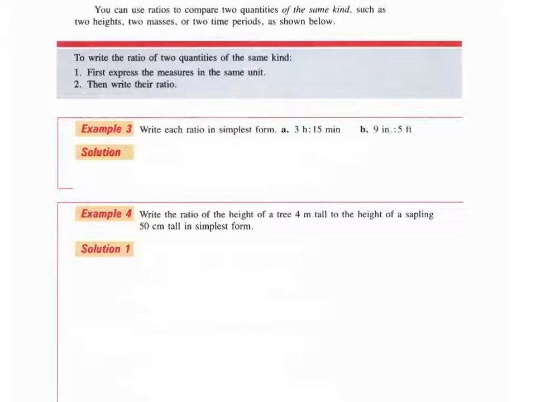I need to know how many minutes are in 1 hour, and that's going to be 60 minutes. So I'm going to convert the 3 hours and make this, let me rewrite the problem. I'm going to convert my 3 hours into 3 times 60, and there are 180 minutes in 3 hours.